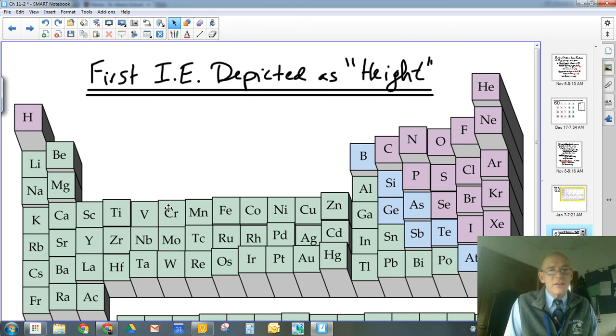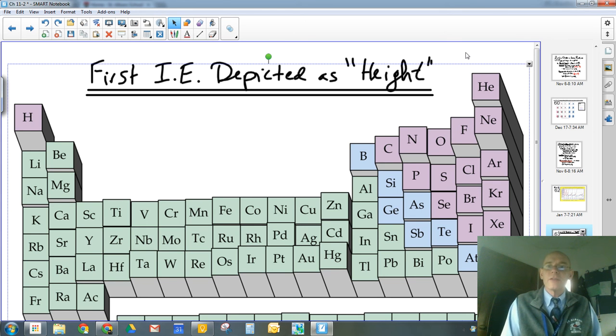So this block of 10 elements having full D sublevels are quite stable and non-reactive, so they have a slightly higher ionization energy. Of course, helium and neon, being the smallest atoms in the noble gases, have the highest ionization energies, and fluorine has the highest ionization energy of anything that tends to form ions. So we can talk more about this a little later.